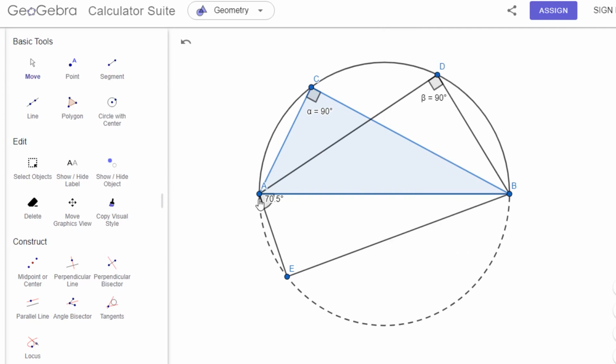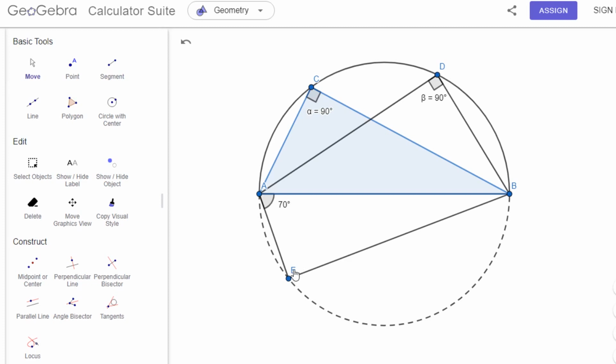Let me just simplify it so that you can compute it better, instead of having a decimal, let me just make it an even number. Okay, so now we know that this is 70 and this is 90.